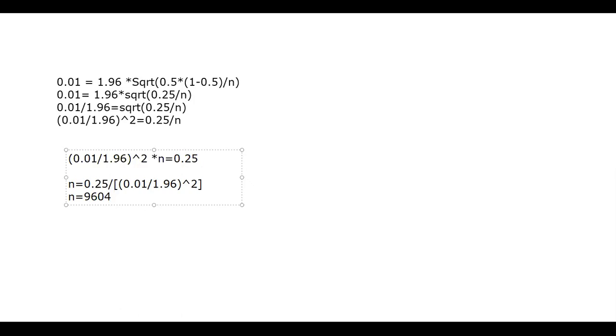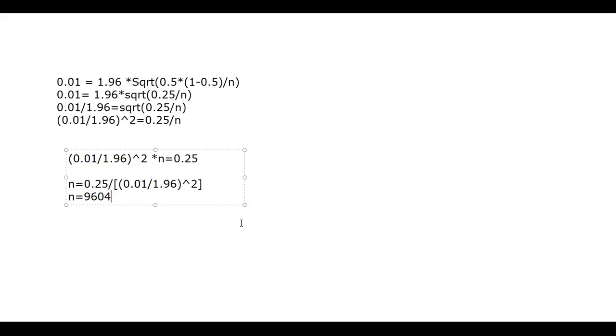If you ever get a decimal number, you're always going to want to round up. That way you'll be within your margin of error for sure. This is a huge sample. So any type of poll that you see on the internet, they're never going to have a margin of error of 1% because you need almost 10,000 people in your sample to get that margin of error.